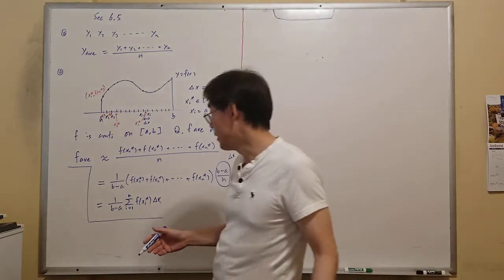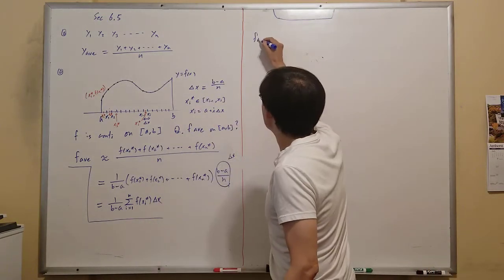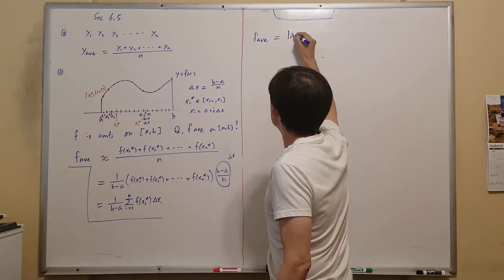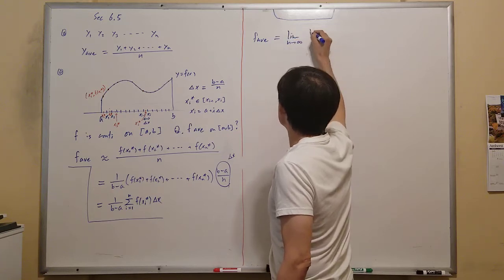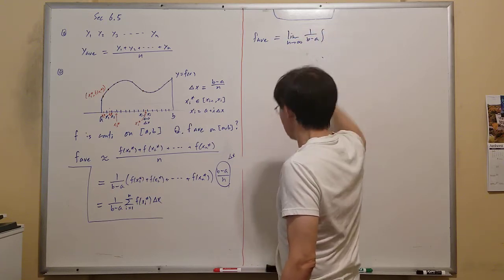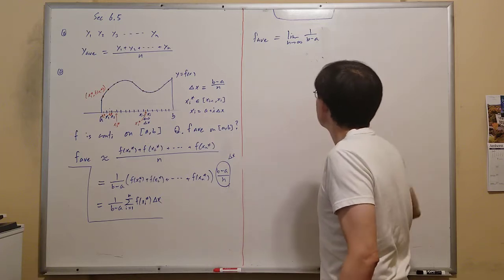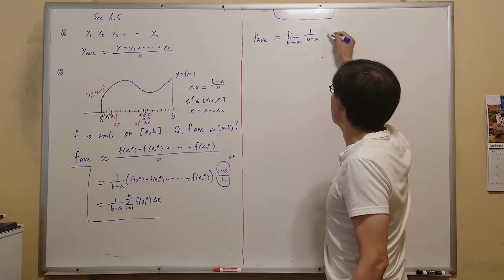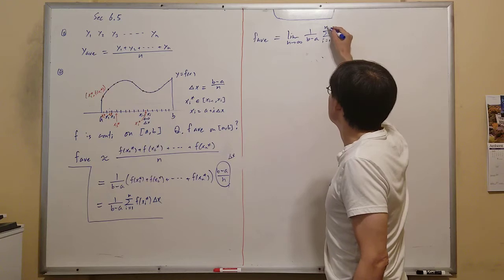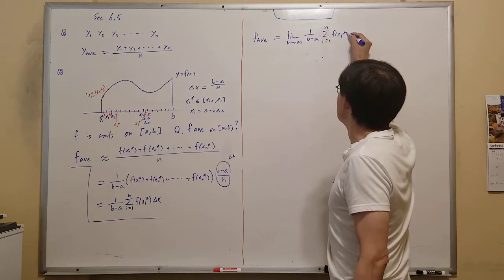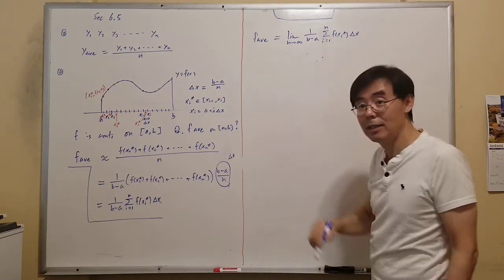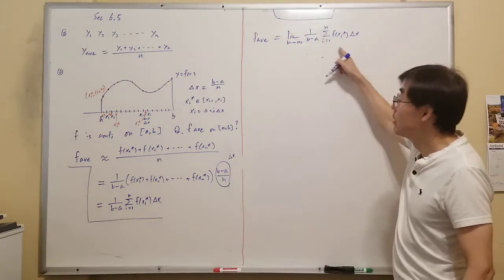So we take the limit. We want this to be the limit as n goes to infinity of this value. This is nothing but the limit of a Riemann sum.